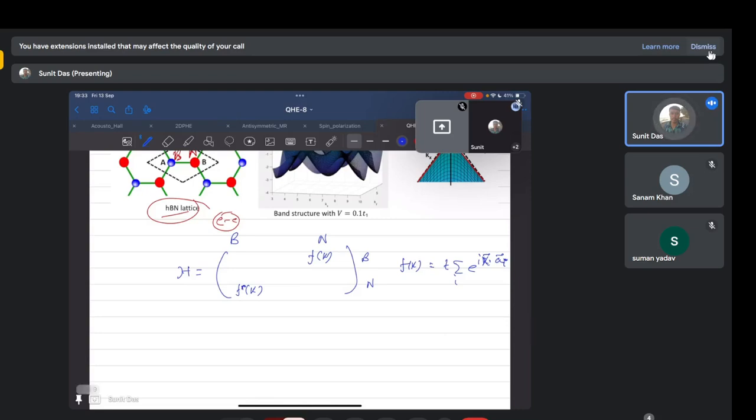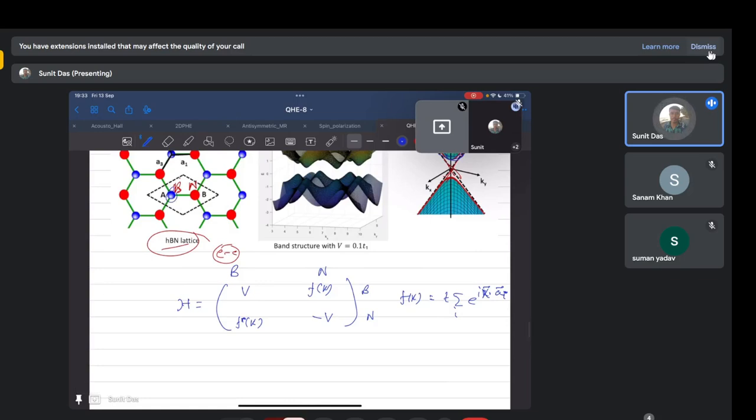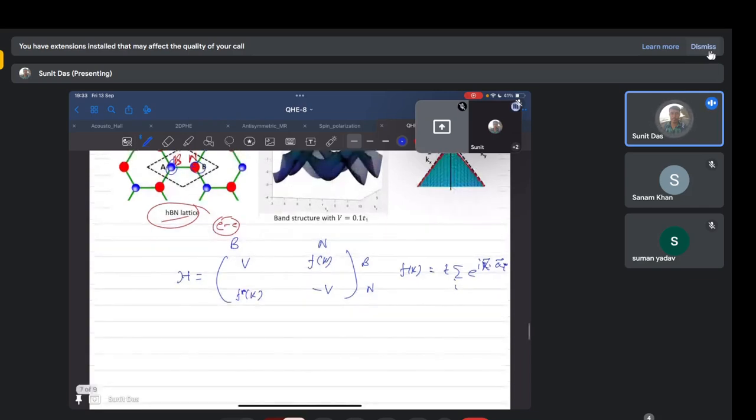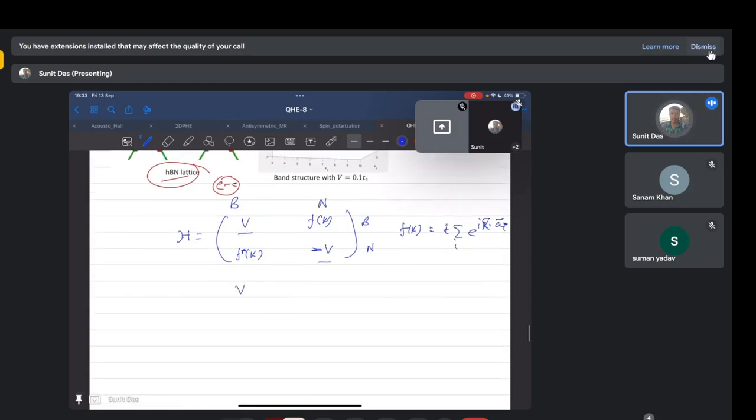Then if we give a different on-site potential to these atoms, so this atom is sitting at some potential and this atom is sitting at some other potential. For ease of calculation we put it as v and minus v, but that doesn't matter. If it is v1 and v2, these are different, and then f of k, f star of k will have the same effect. So basically inversion symmetry will be broken because the sublattice environment itself becomes different.